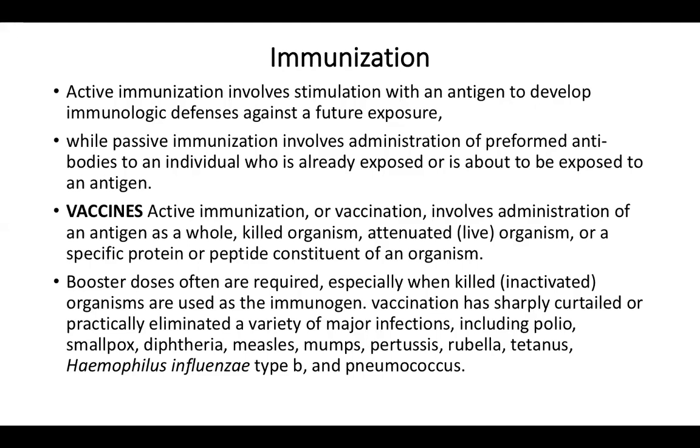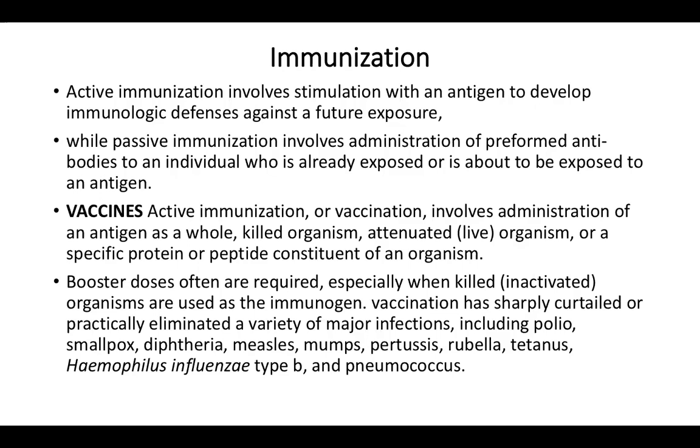Killed or attenuated. Attenuation is a live organism whose pathogenicity is not there, but antigenicity is there. Okay. Cholera organism, typhoid organism. These are all attenuated or killed organism vaccines.